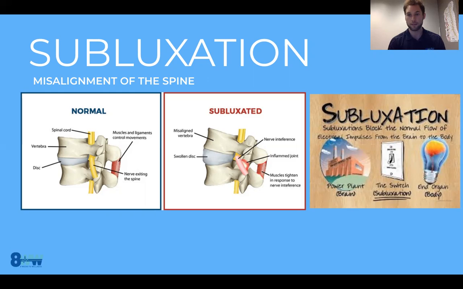So you can see subluxations block the normal flow of electrical impulses from the brain to the body. We're literally turning that switch on, so to speak, so that your brain can communicate to all the other tissues of your body. Your muscles, your organs, your glands, everything we want to be working 100%.